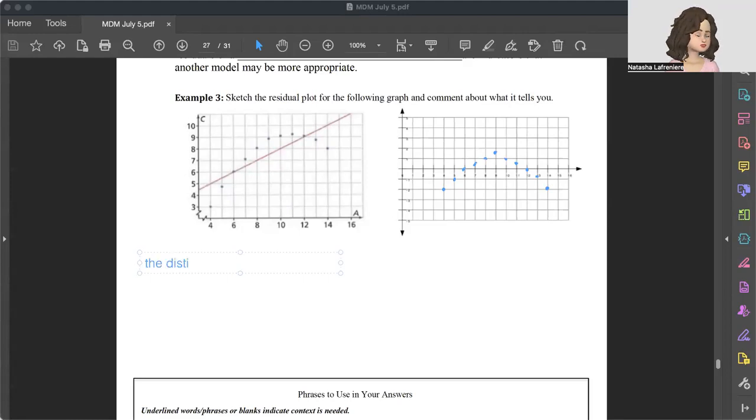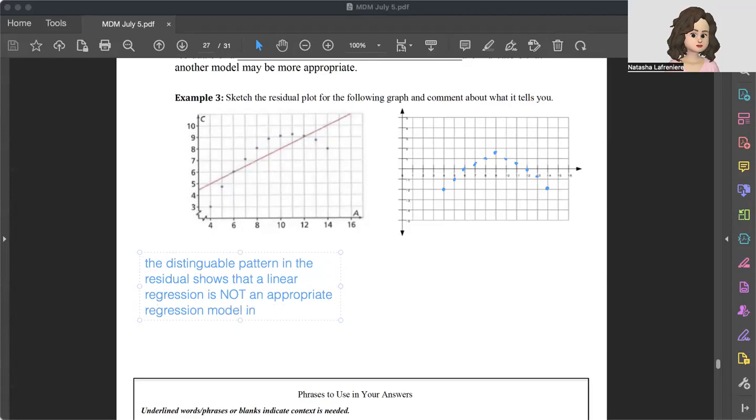The distinguishable pattern in the residual plot shows that a linear regression is not an appropriate regression model in this situation.